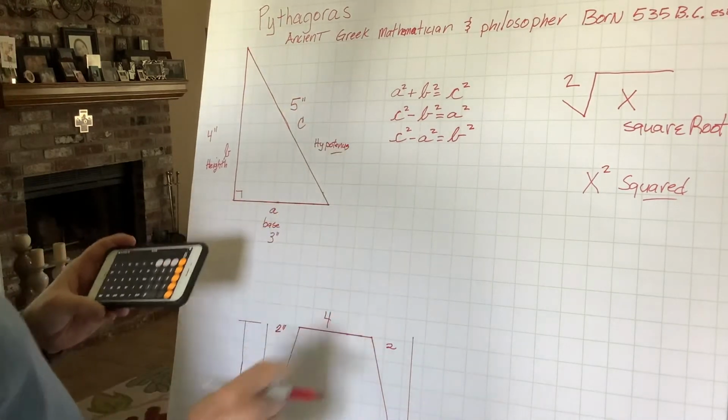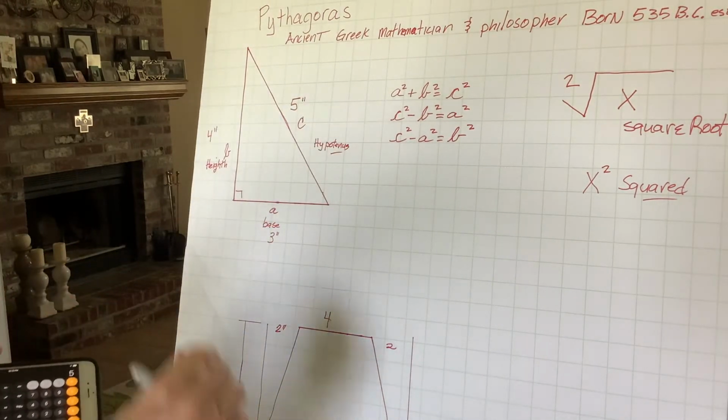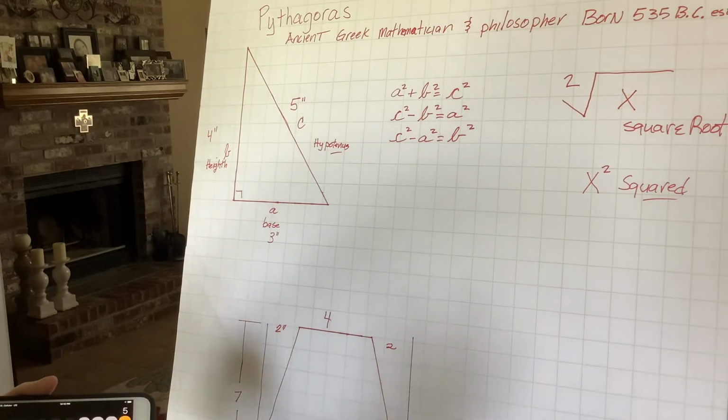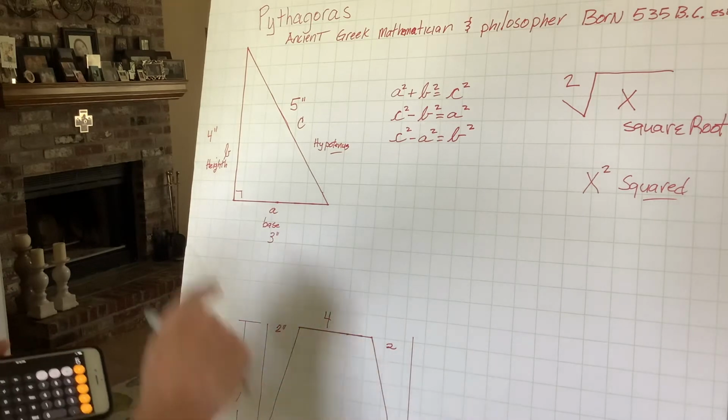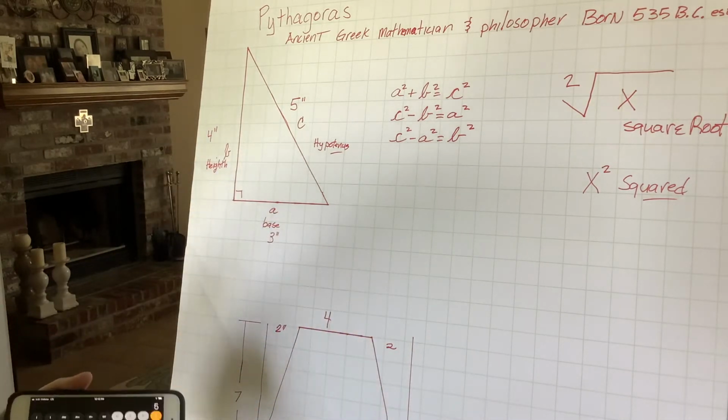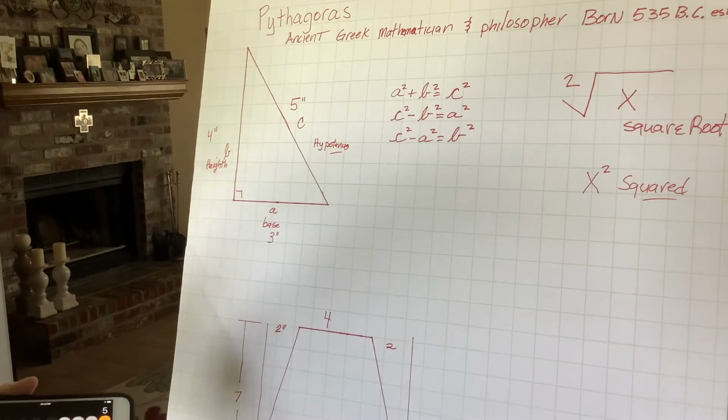Okay, so this is the 3-4-5 triangle. It's used, any derivative of 3, you could get a square corner from that. So if you're laying something on the floor, you could have 3 foot by 4 foot by 5 foot, which will give you a square corner.